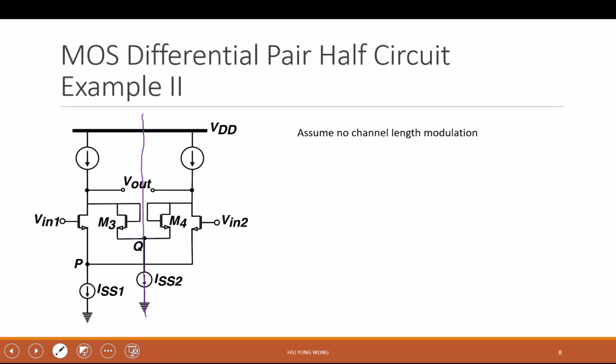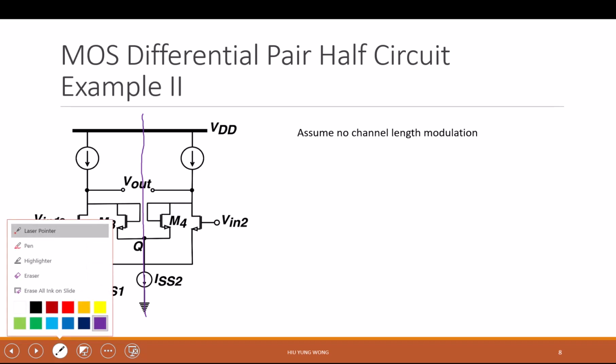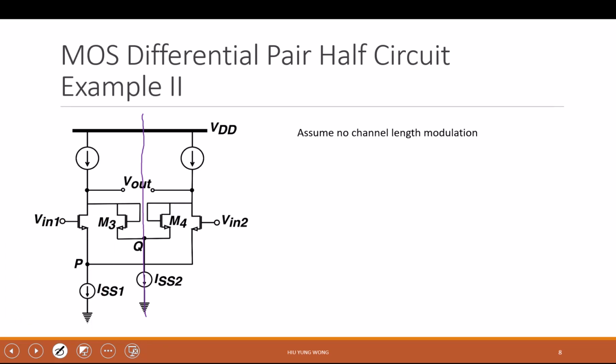What we care, for example, is if I draw a differential pair like this, is this symmetric? In drawing, it is not, right? But from the electrical point of view, if you were the electron, you feel the same thing. So this is the same here.